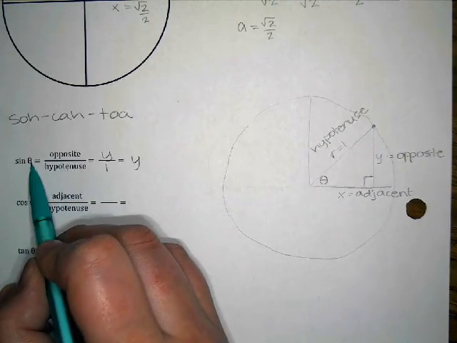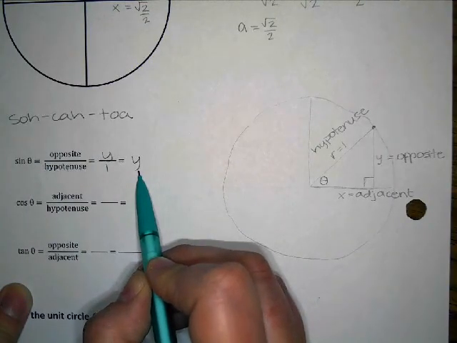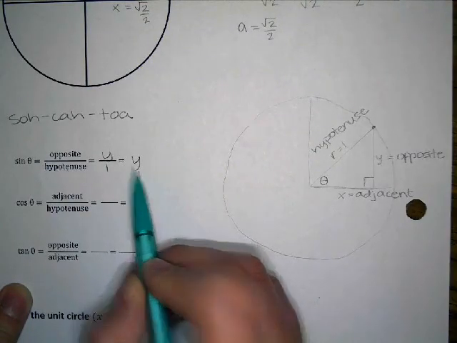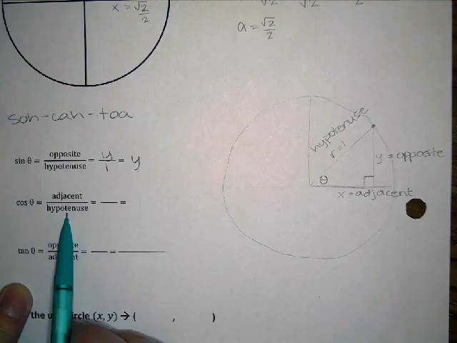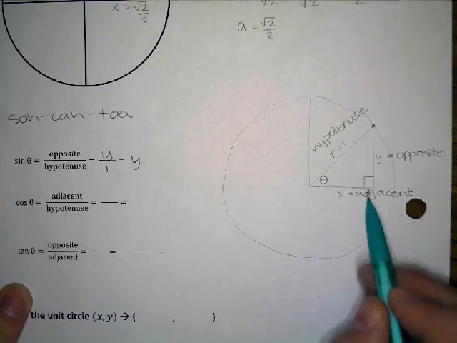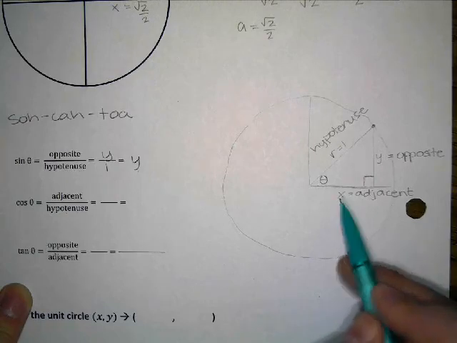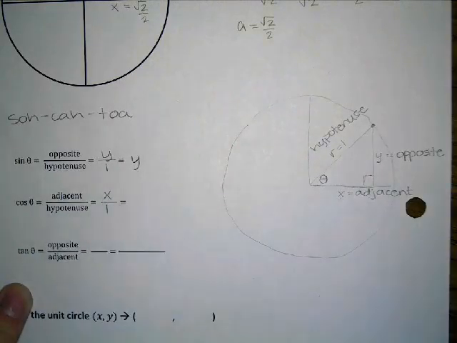Cos of theta is adjacent over hypotenuse. So adjacent over hypotenuse would be x over a length of 1. X divided by 1 is x. And so cos of the angle measurement is just the x-coordinate.